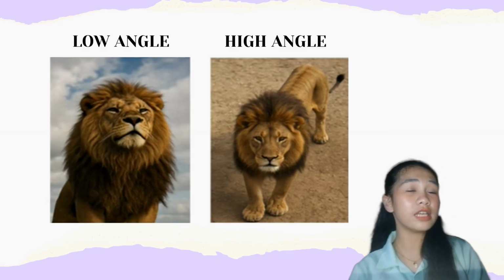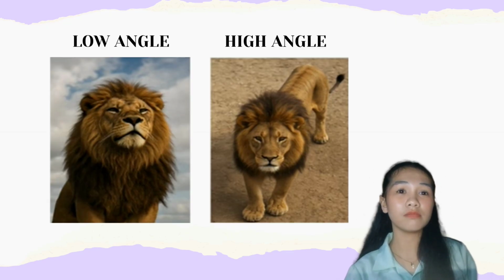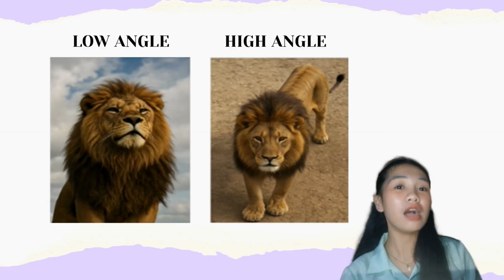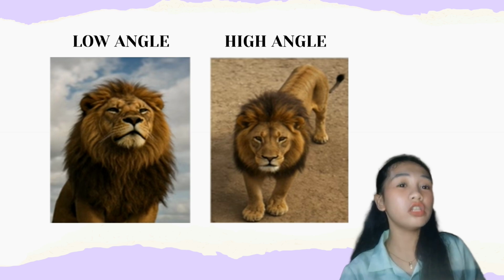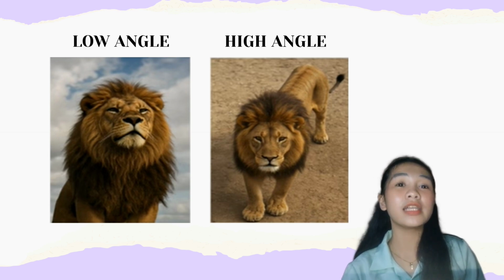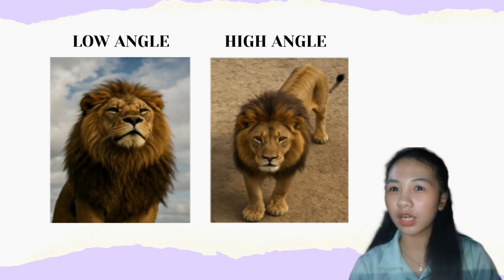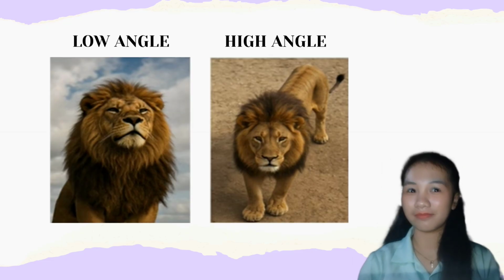On the other hand, in this picture right here, using a high angle, or looking down on a lion, can make it look weaker or less scary. Diba? Do you notice the difference? Just like this example.